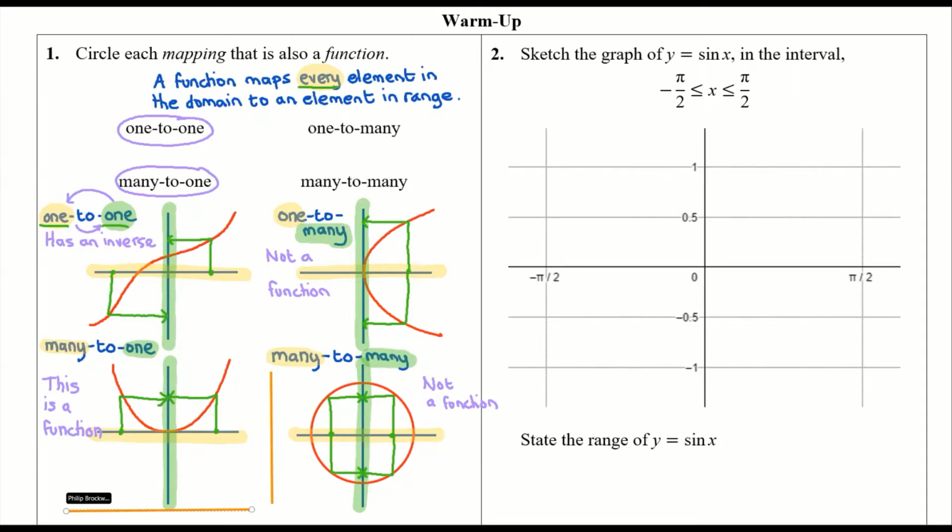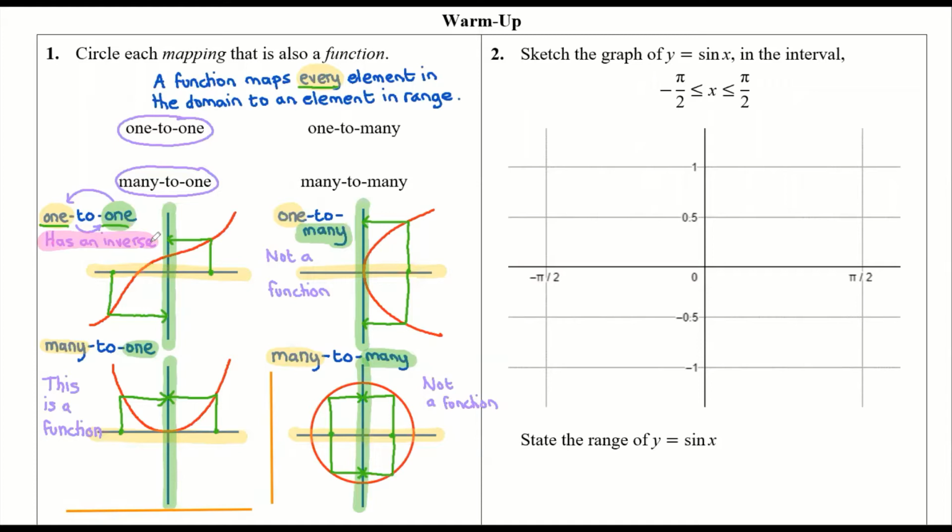Now then, regarding inverses, which we mentioned earlier, we know that the first diagram, which is a one-to-one mapping, does have an inverse. We've stated that here. But the question is, does the other function, the many-to-one, have an inverse function? Those of you who remember what we did on functions will know that this is not the case.